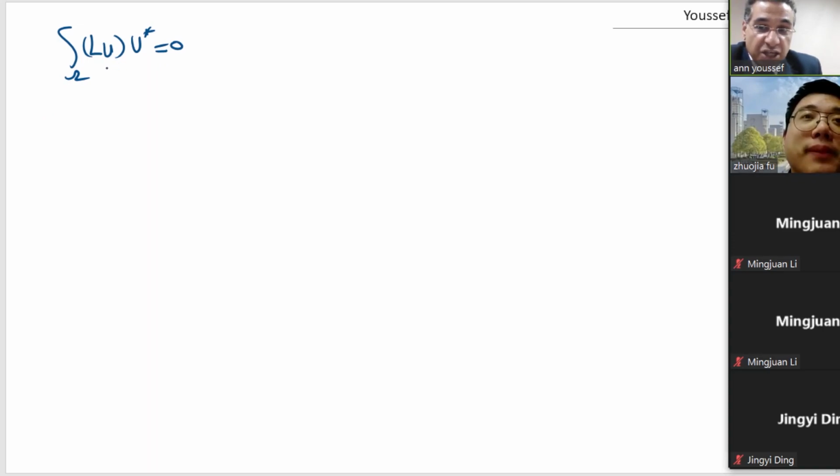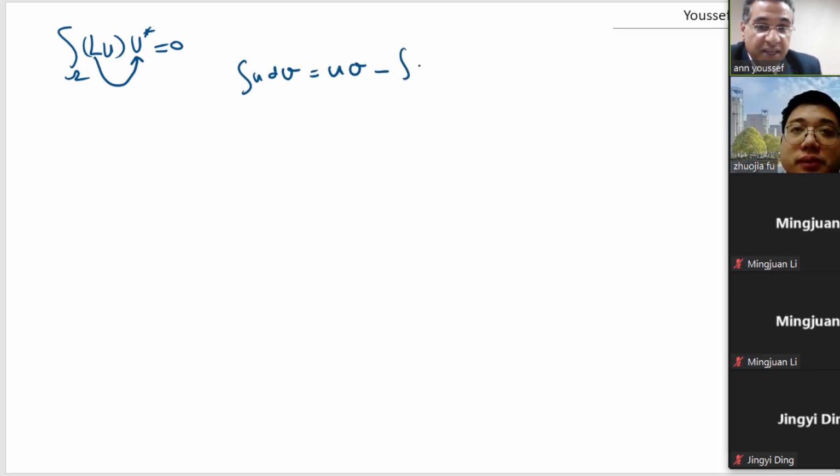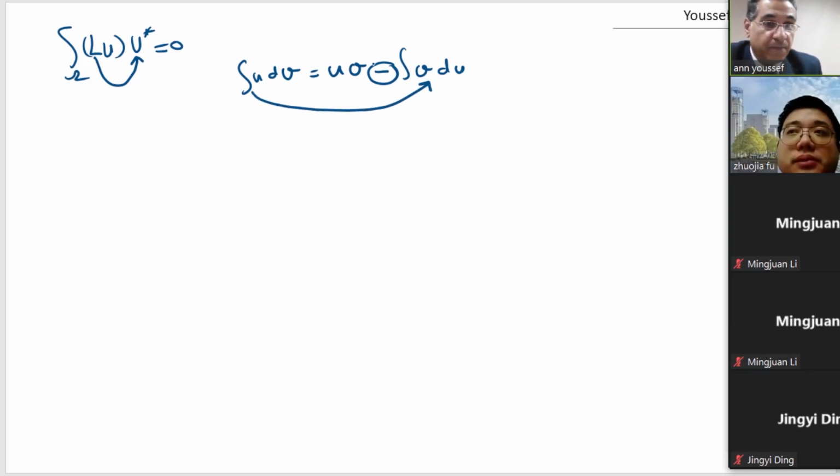And we use integration by parts to pass this derivative to the other function. Every time we say integral of u dv equals uv minus integral of v du, we swap the derivative with a minus sign.